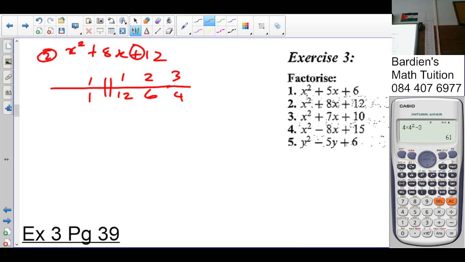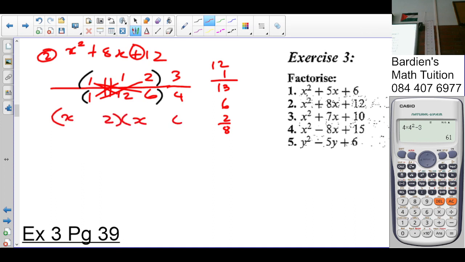If that had been negative, we would have subtracted our products. So 1 times 12 is 12, 1 times 1 is 1, which gives you 13. What am I looking for? 8. 1 times 6, 1 times 2. You add it, you get 8. So it's going to be x and a 2, x and a 6.